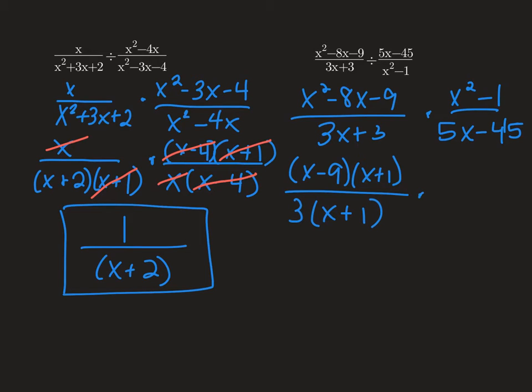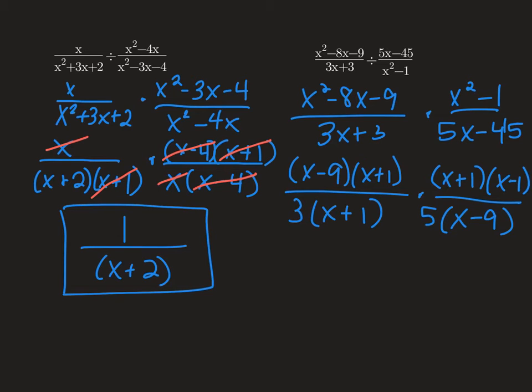And then let's go to my other numerator, x squared minus 1, I know is the difference of two perfect squares. So I have x plus 1, x minus 1. And then the last denominator, I notice again has a greatest common factor. So I'm going to take out a 5, and that leaves me with x minus 9.